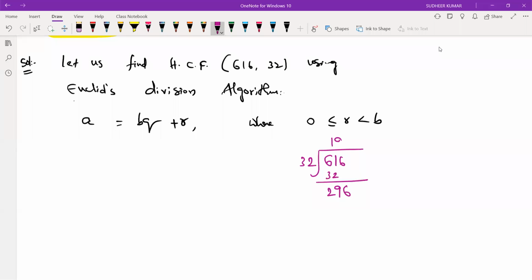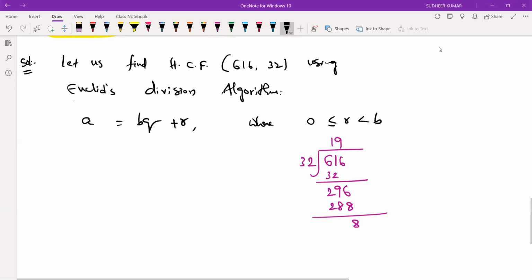Not 8, 9 also is possible. 9 2s are 288, sir. Subtract this now. So this is 8, sir. If you know that 32 19s, directly you can do it in one step only. If you do not know that, you can proceed this also.